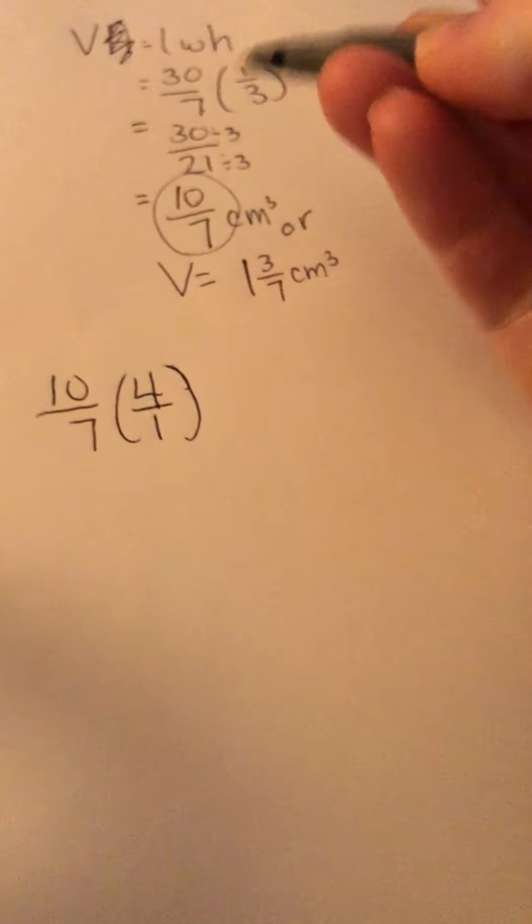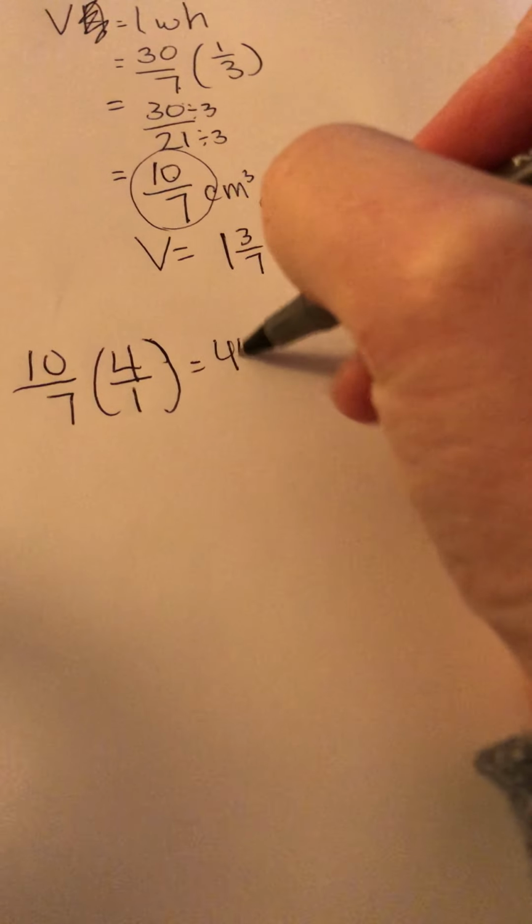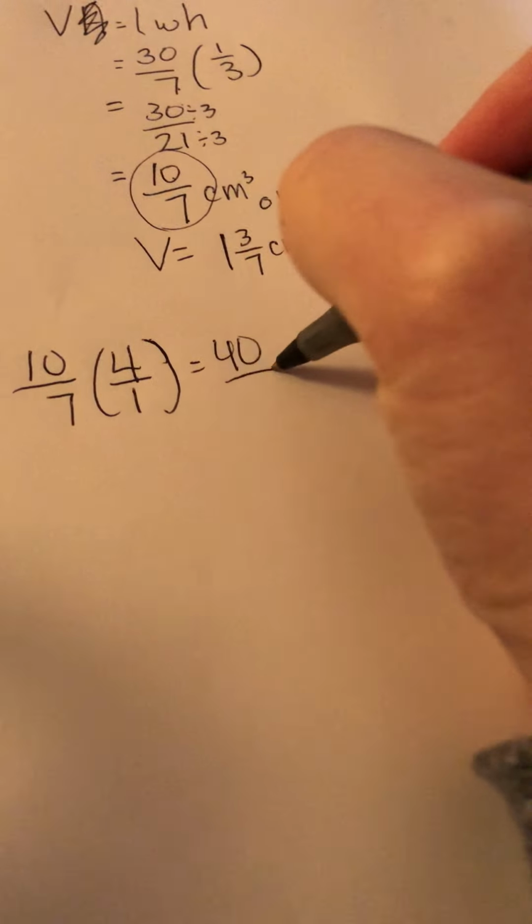So quadruple means times 4, so 10/7 times 4, and to make a whole number a fraction, you put a 1 under it, which is 40/7, or 7 goes into 40 5 times, which is 35, with 5 left over, and the denominator stays the same. So there's the volume: 5 5/7 centimeters cubed.